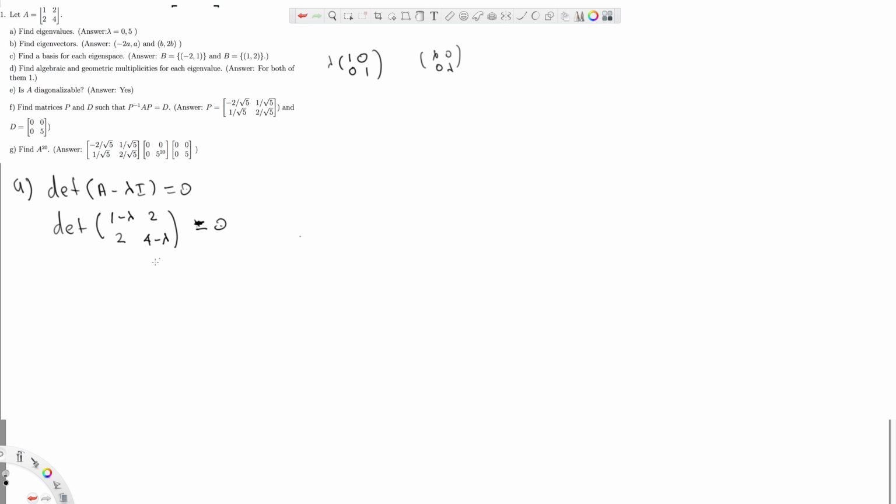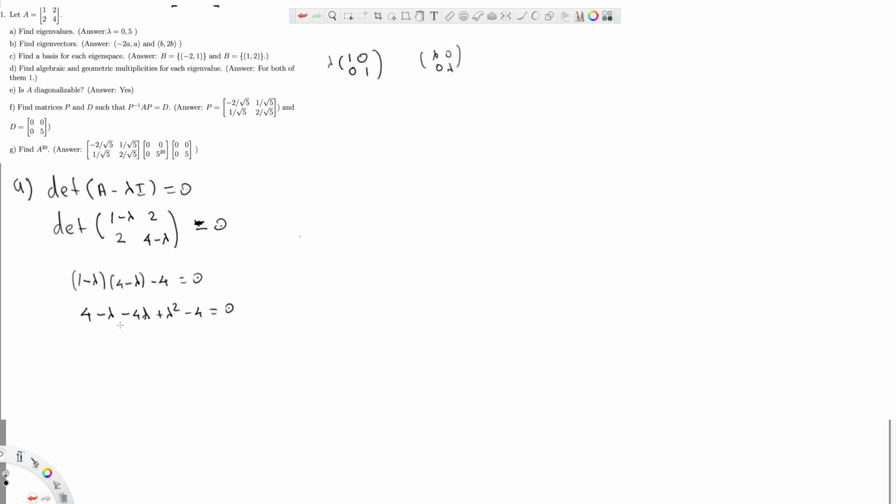Then I have to find the determinant, so it's going to be AD minus BC. It says this multiplication minus this, so it's going to be 1 minus lambda times 4 minus lambda, minus 4, equal to 0. If I multiply this out, it becomes 4 minus lambda, minus 4 lambda, plus lambda squared, minus 4 equal to 0.